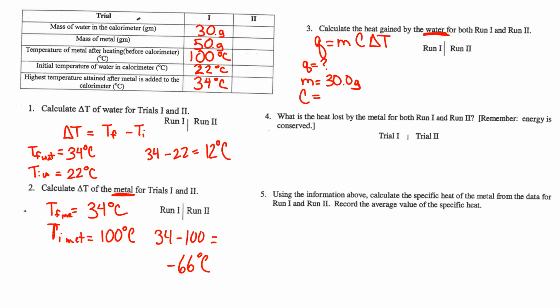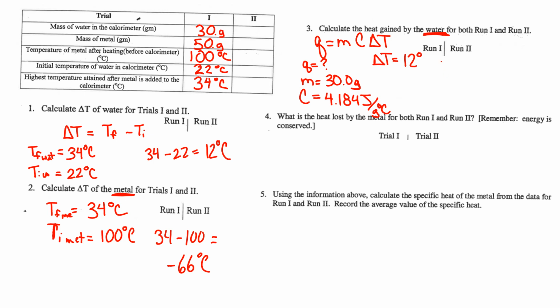For C, I have to look up the C of water. So I can use my periodic table reference sheet. I look up water, and I find that it's 4.184 joules per gram degree Celsius for a C. And then my delta T, we just solved for water, so the delta T for water is 12 degrees Celsius.